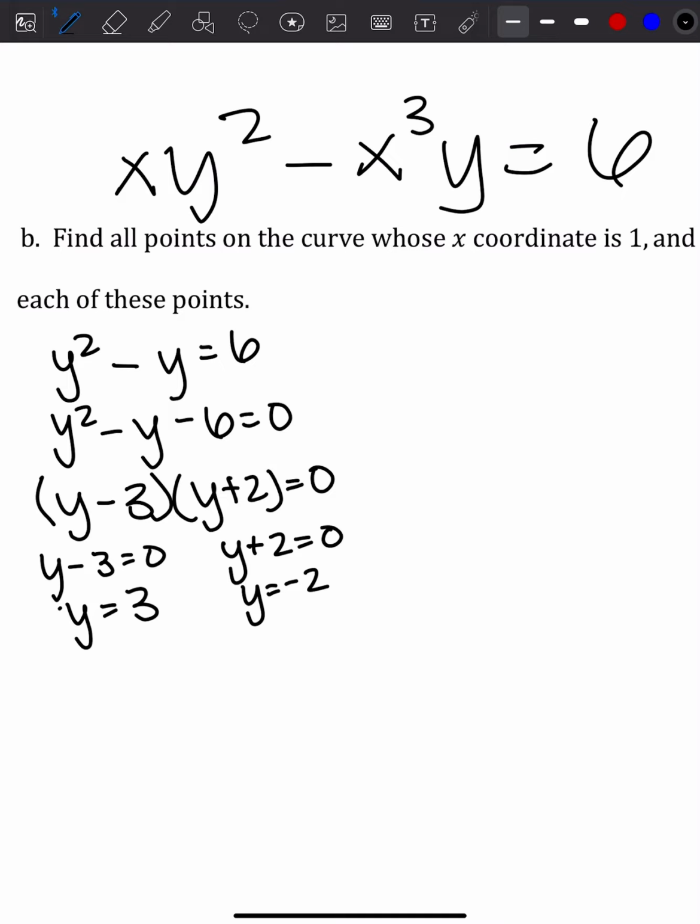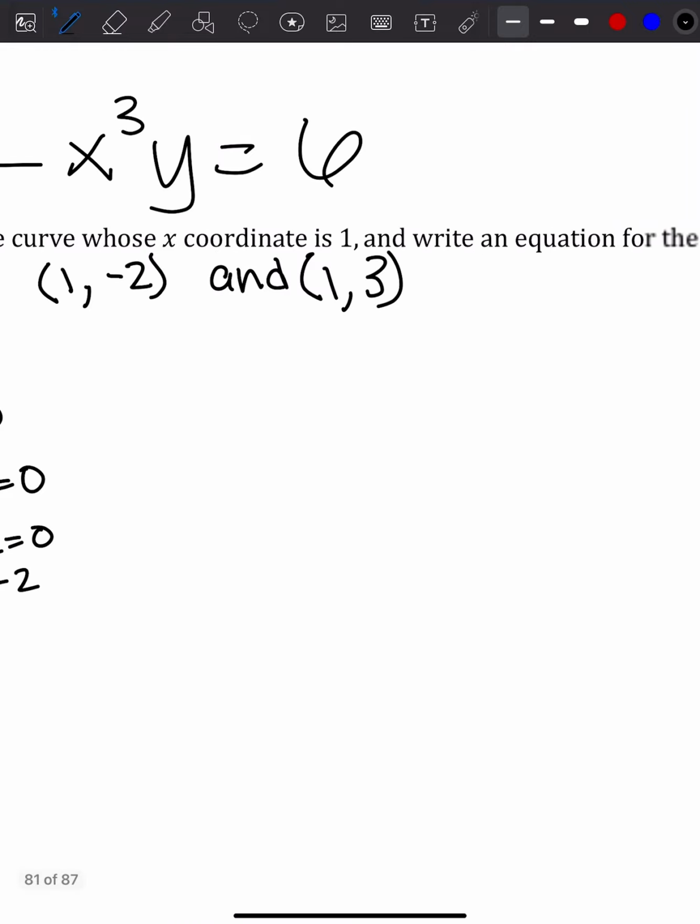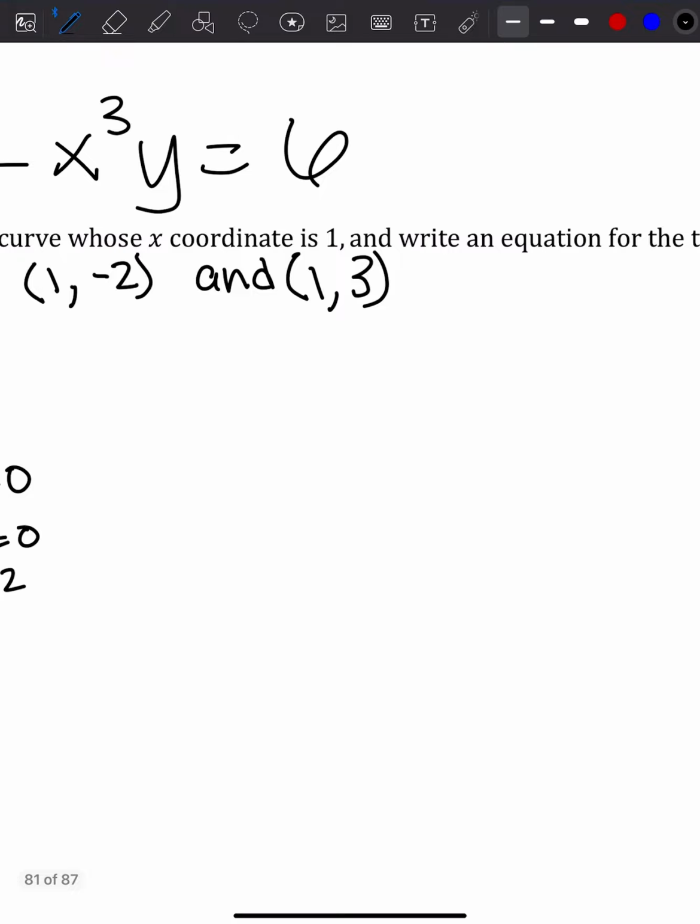So the two places this happens are at the points 1 for x and negative 2 for y, and 1 for x, 3 for y. So we have two equations that we need to write, so we have two things that we need to find the derivatives of.